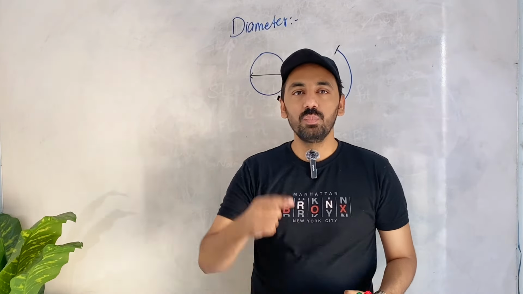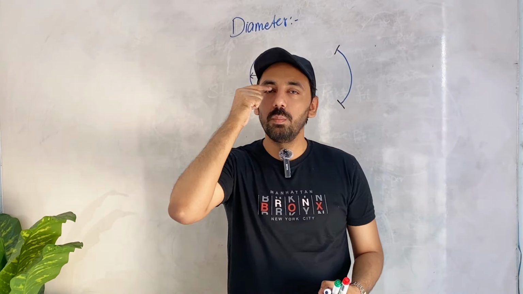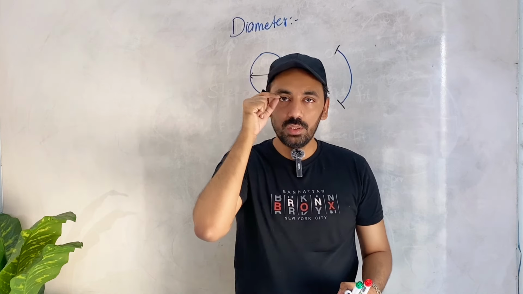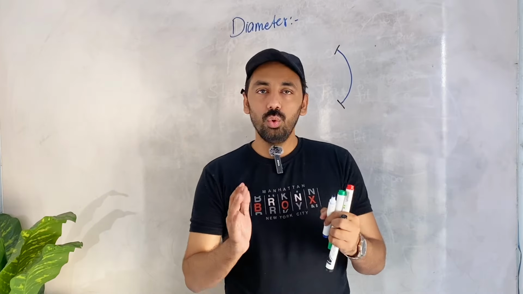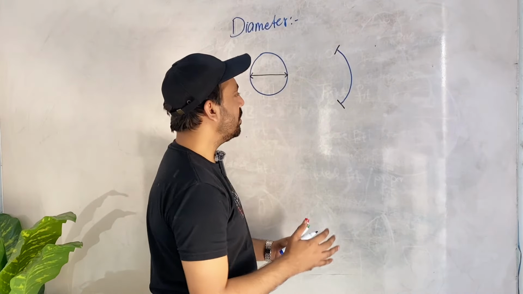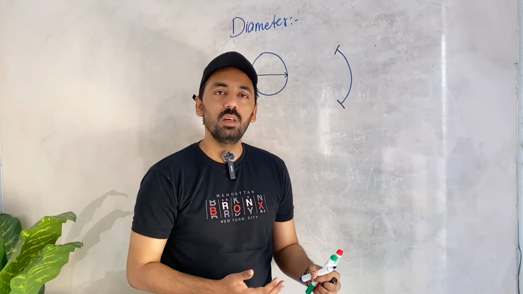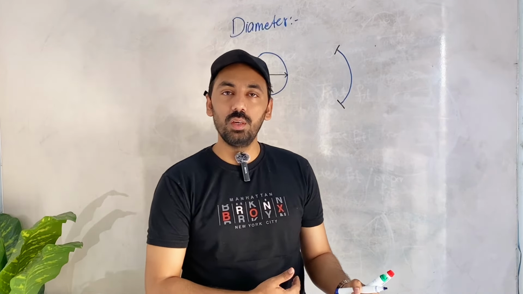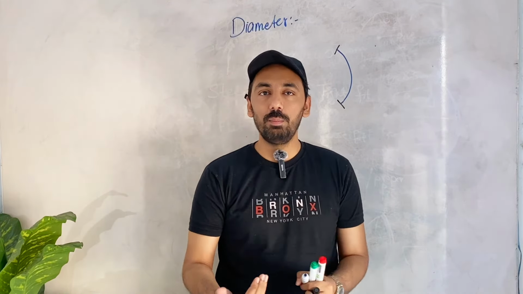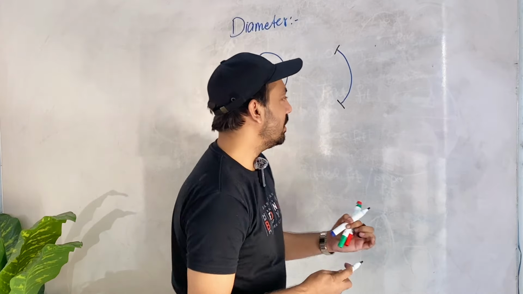You know very well that the distance between the upper eyelid margin and lower eyelid margin is called the palpebral fissure or the palpebral aperture, right? So the things which can affect the diameter of the contact lens are, number one, the diameter of the cornea, and the palpebral fissure or palpebral aperture, right? And the next thing is the HVID.